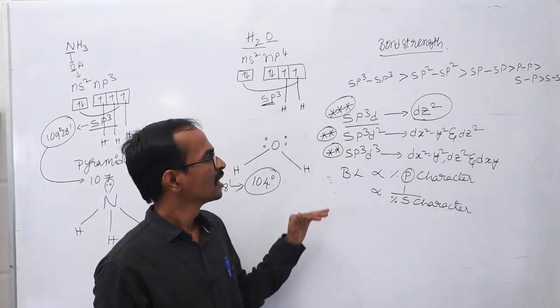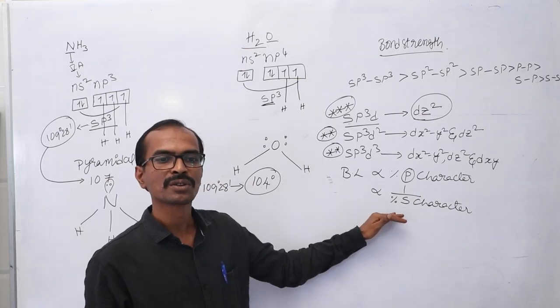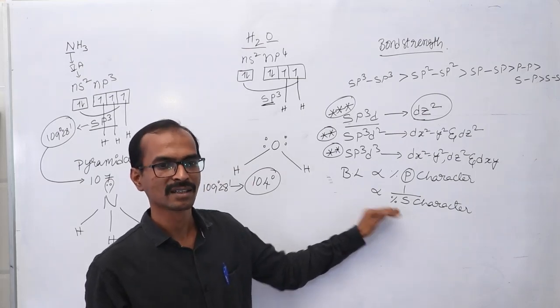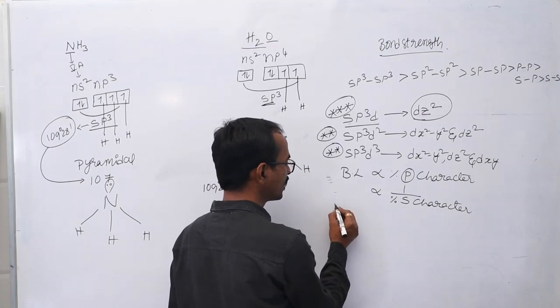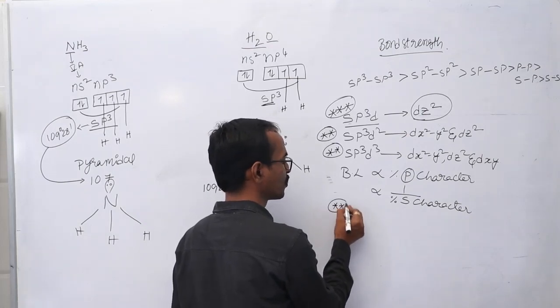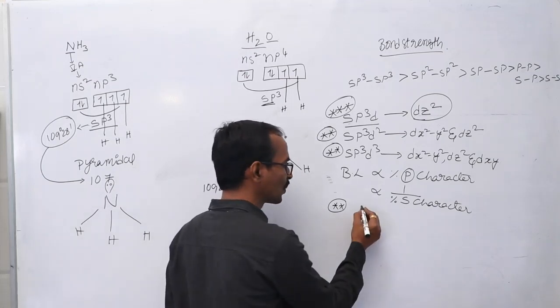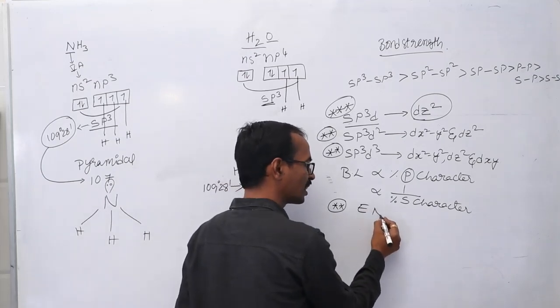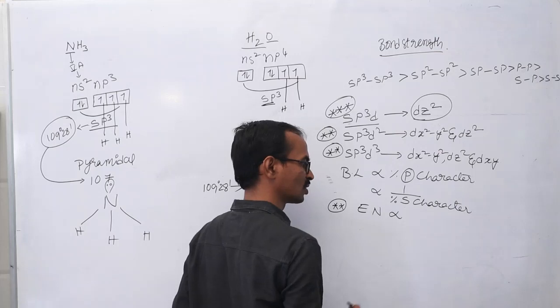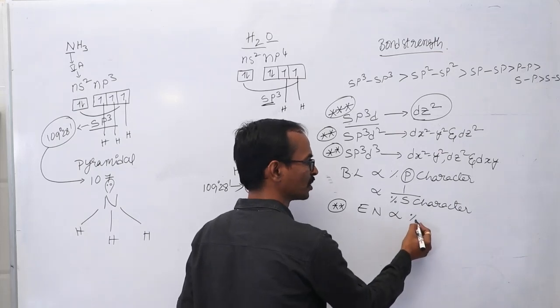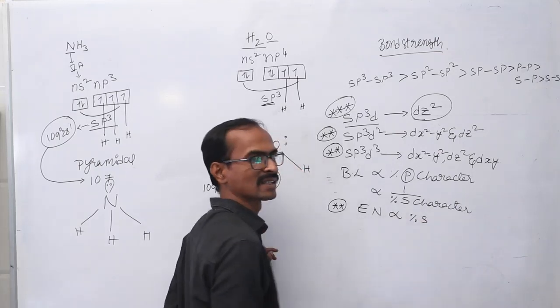Bond length is inversely proportional to the percentage of s character. Next, another most important point you have to remember is electronegativity. Electronegativity of the central atom is directly proportional to the percentage of s character.